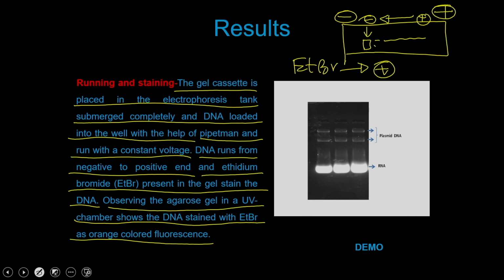While they are running in opposite directions, the ETBR stains the DNA within the major and minor groove, which means the ETBR intercalates within the DNA. You know that DNA has two strands, with the bases on the side.